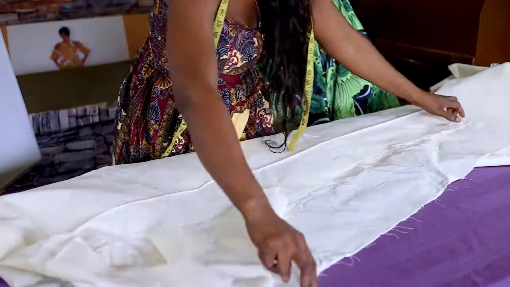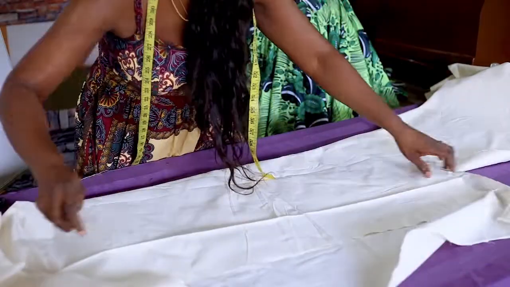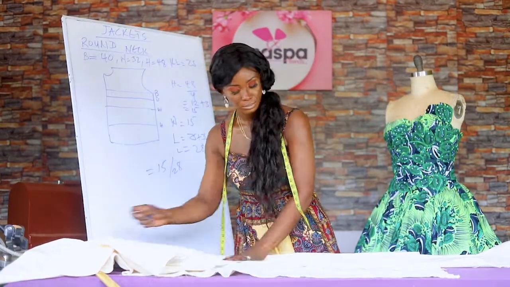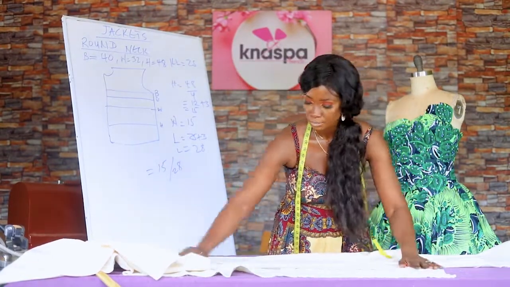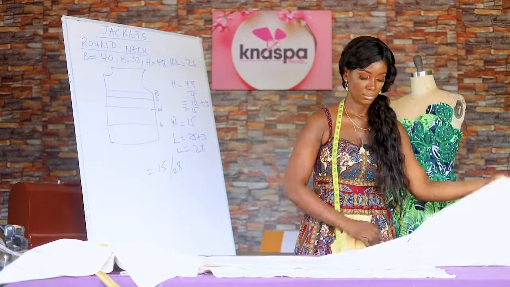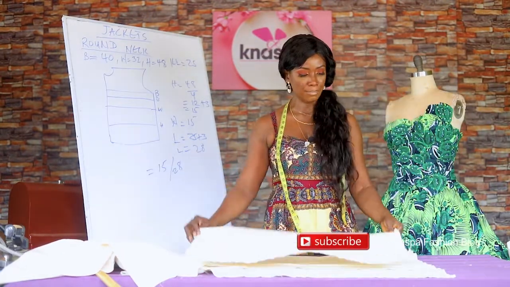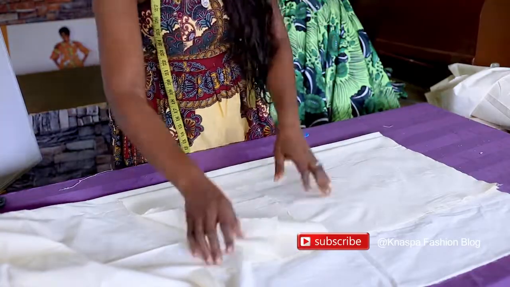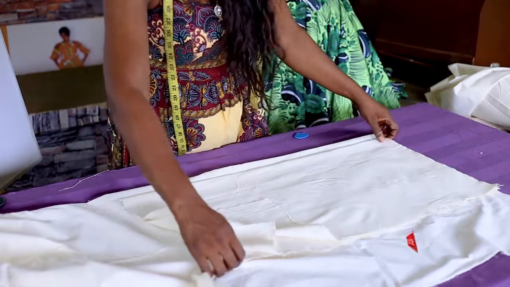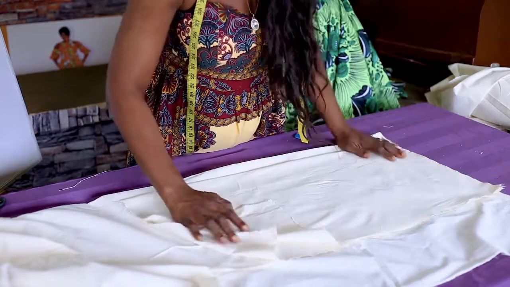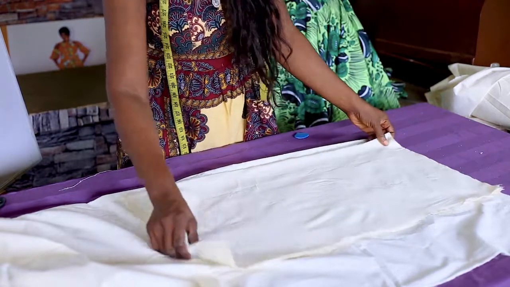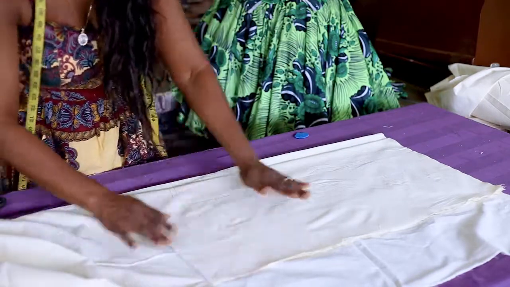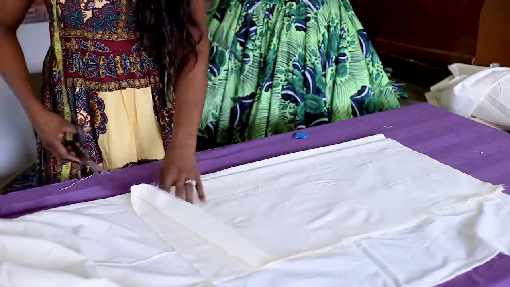So for the front side, we are just going to put the back on it, then just leave an allowance for the fastening, whether it's going to be a zip or a button. So the allowance has been left.